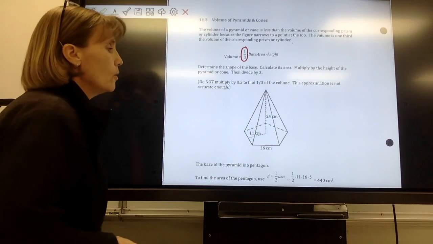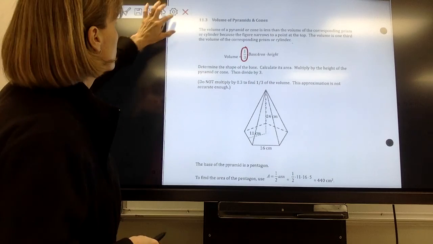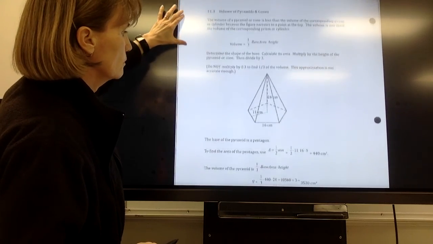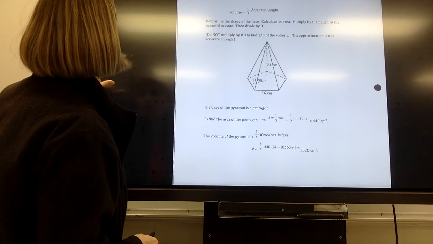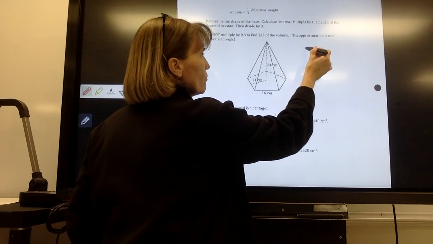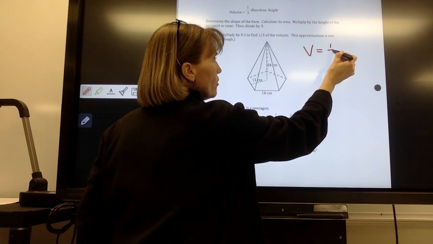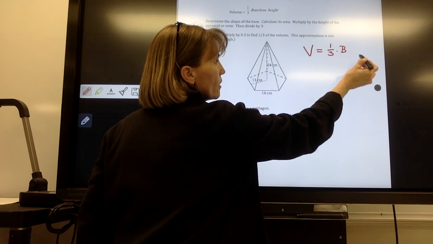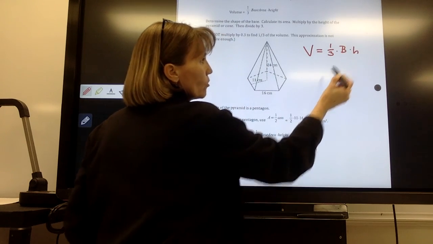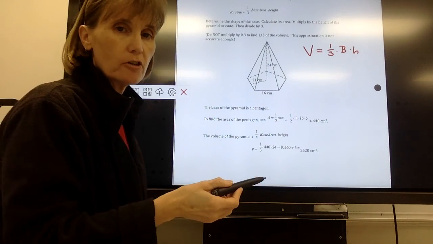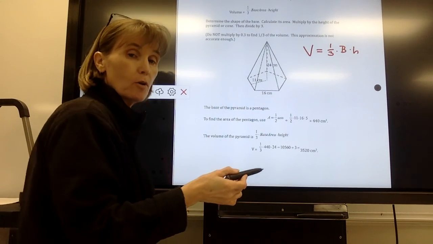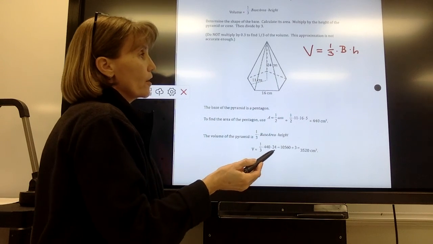Okay, so as before, if I want to find the volume of this pyramid, I'm going to use the formula volume equals 1/3 times the base area times the height. And again, we're using that capital B because we want to find the base area. And it's going to change depending on the type of pyramid that we're using, or if we're finding the cone.